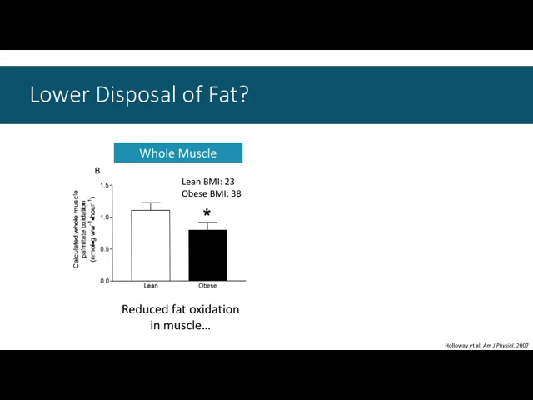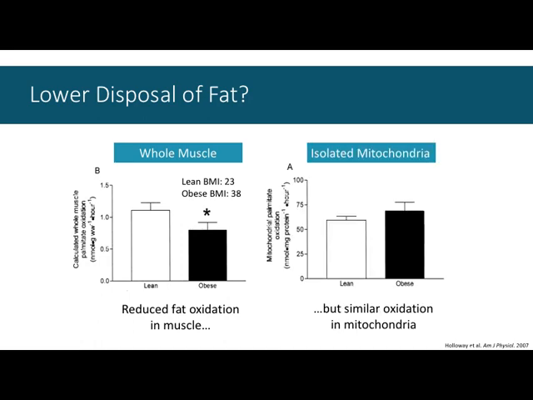They have less oxidation overall and a higher fat uptake. But what's really interesting is that if you don't use the muscle as a whole and you pick out the individual mitochondria, they still work pretty well. Mitochondria still work well enough. They can do their job of oxidizing fat, oxidizing carbohydrate, making ATP.